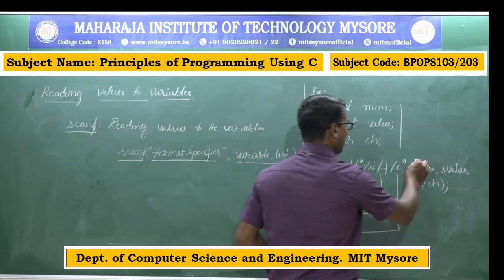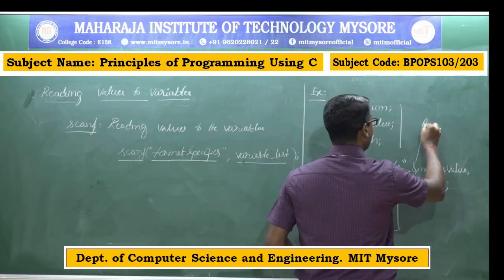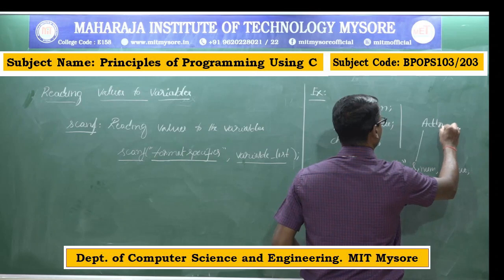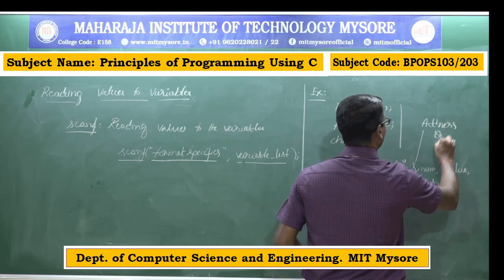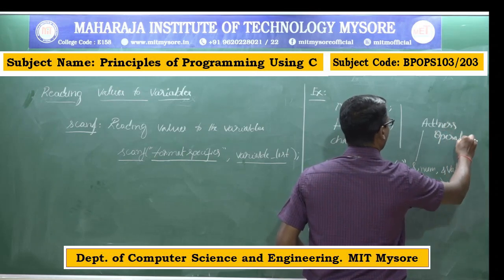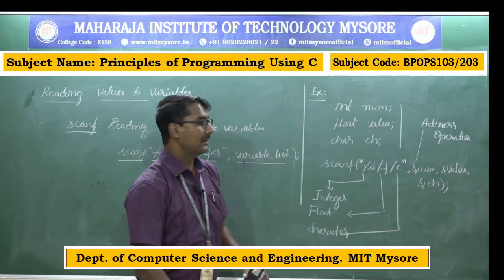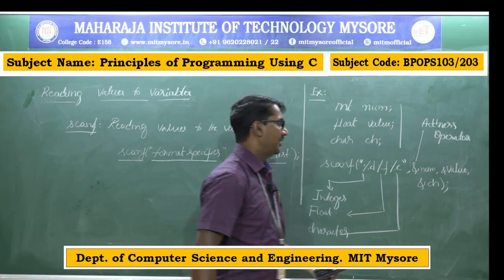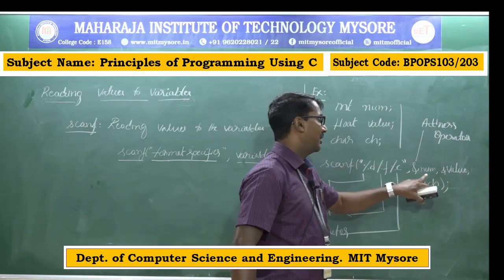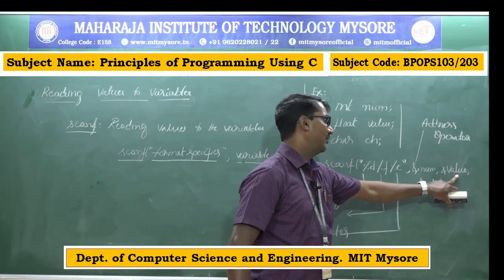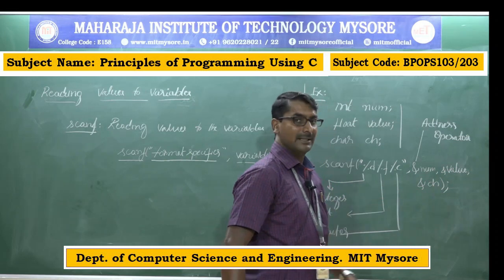Here we are using an operator called the address operator. The address operator is also called the ampersand operator. This operator specifies the address of the variable num, the address of the variable value and the address of the variable ch.